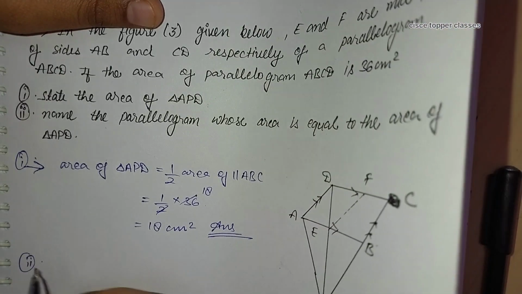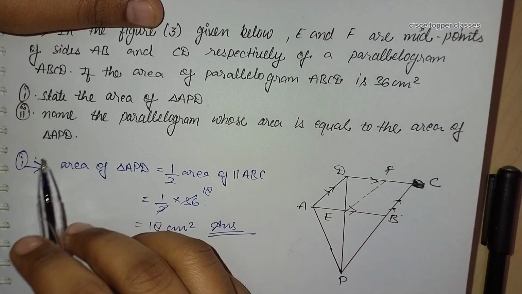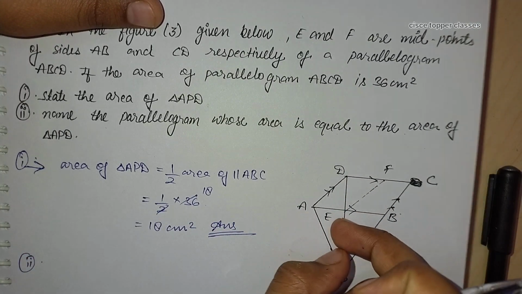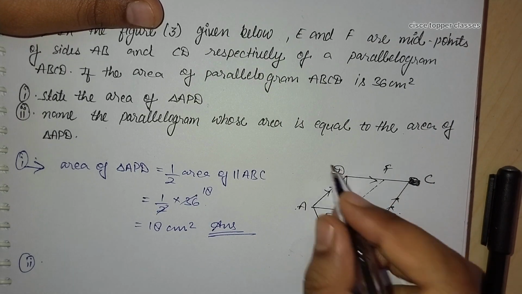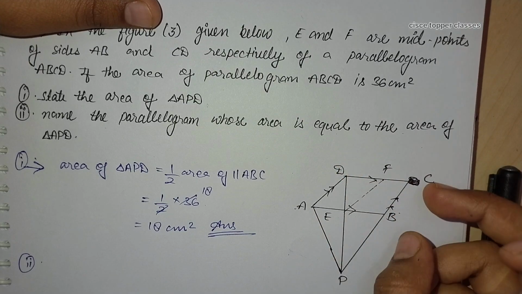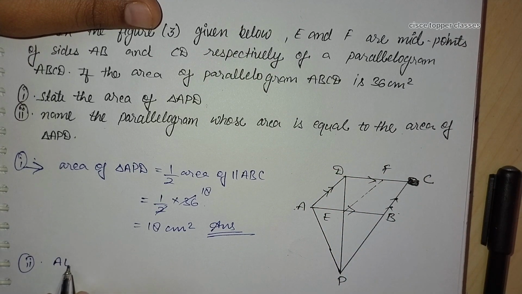Now the second part is name the parallelogram whose area is equal to the area of triangle APD. As here E and F are the midpoints of AB and CD, AE is parallel to DF and AD is parallel to EF. So AEDF is also a parallelogram.